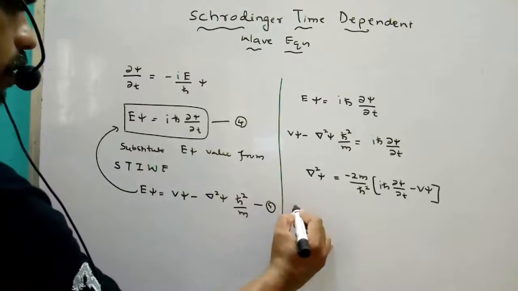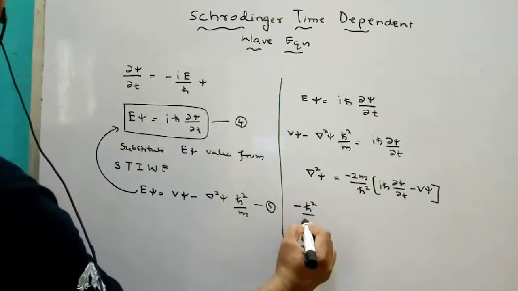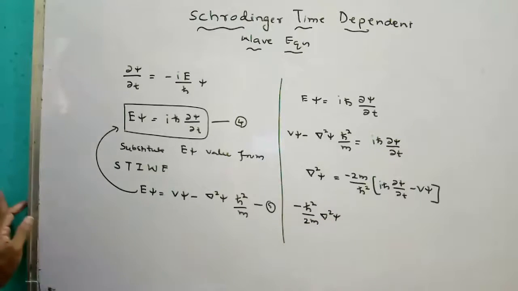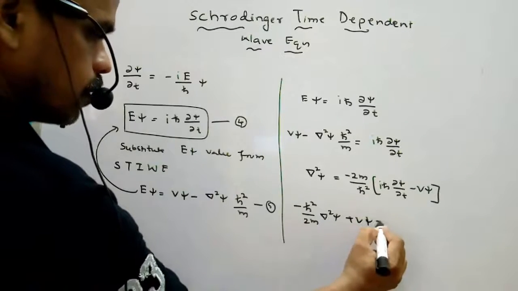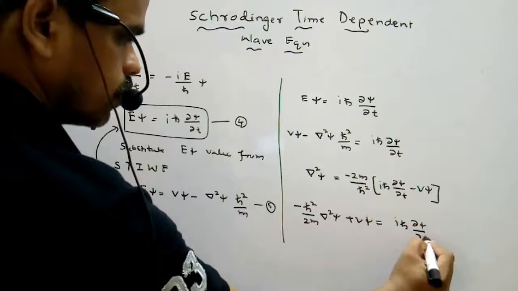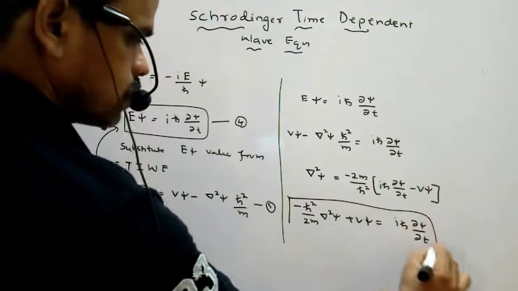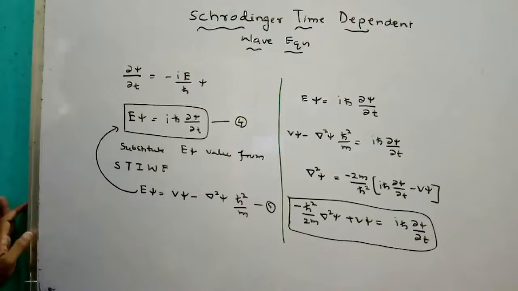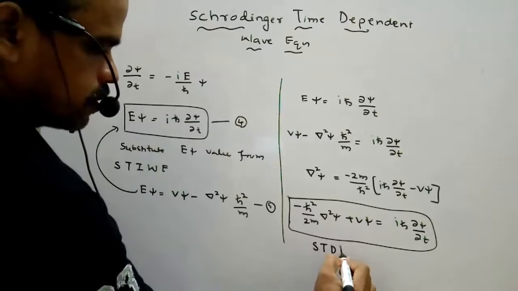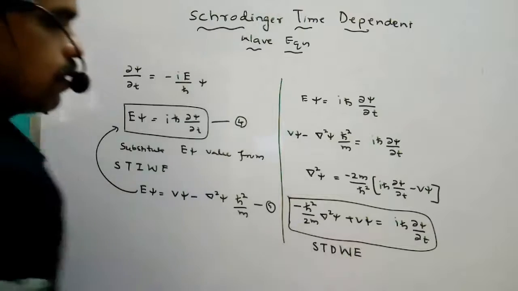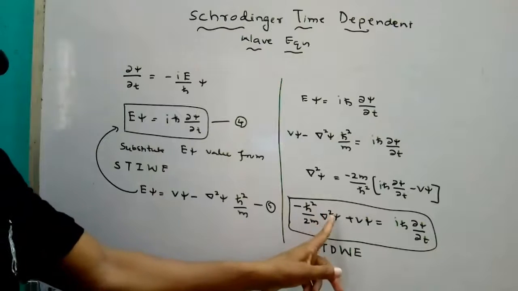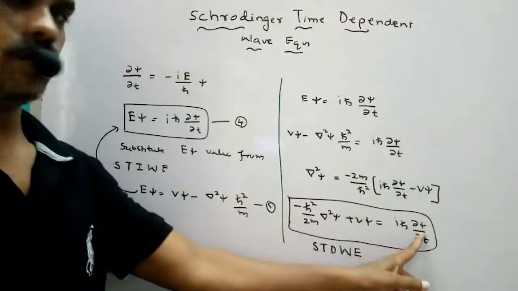So we can write like this: minus h cut square by 2m del square psi plus V psi equal to i h cut dou psi by dou t. This is the Schrodinger time dependent wave equation, that is minus h cut square by 2m del square psi plus V psi equal to i h cut dou psi by dou t.